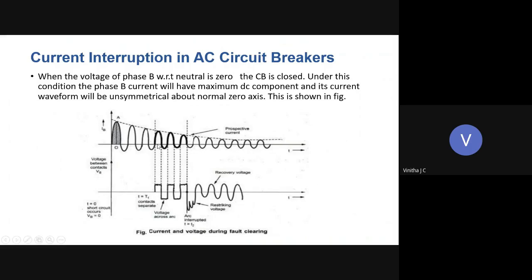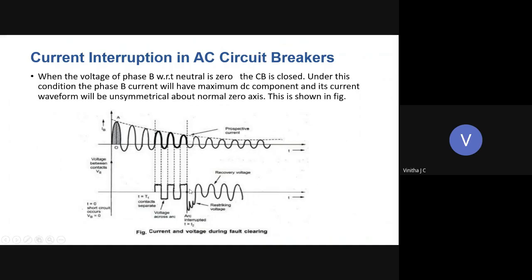During this contact separation, the value of the fault current starts to decrease. Normally, it has to become zero. But due to the energy stored in the inductance as well as the capacitance in the circuit, the value of this arc current will not go to zero immediately.